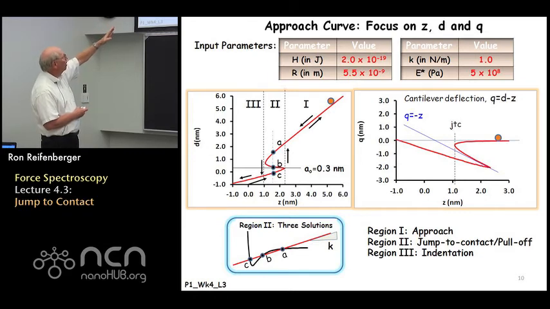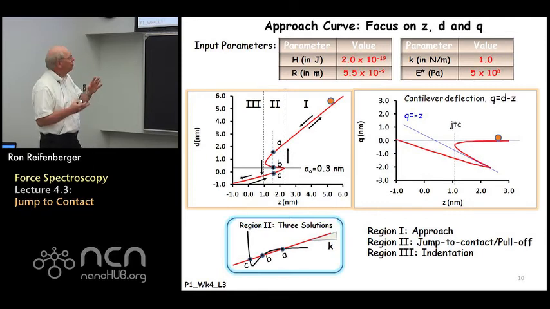There's region 1, where for any particular z, you've got a well-defined value of d. There's region 3, where any value of z also gives you a well-defined value for d. But then there's this intermediate region 2, where depending on what value of z I specify, there are 3 solutions for d, and those 3 solutions are indicated by the points A, B, and C.